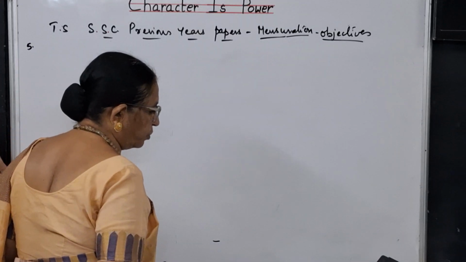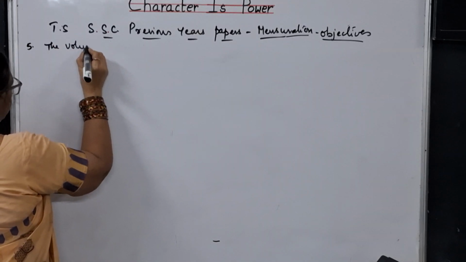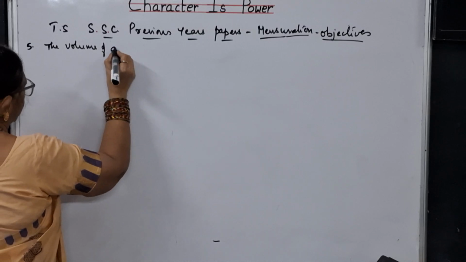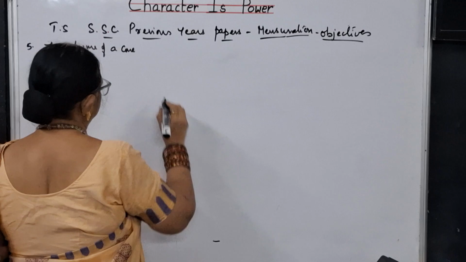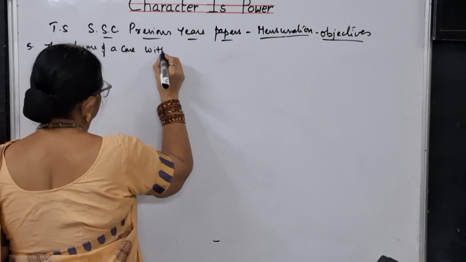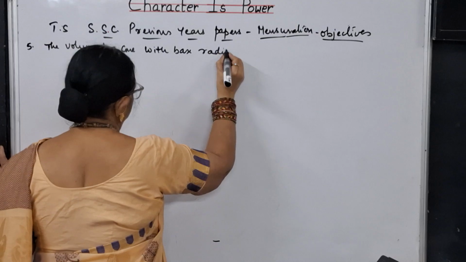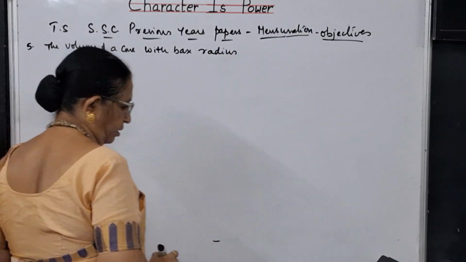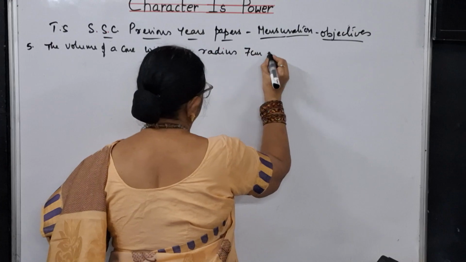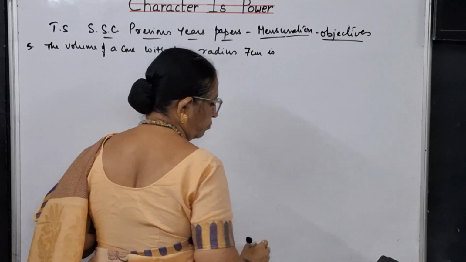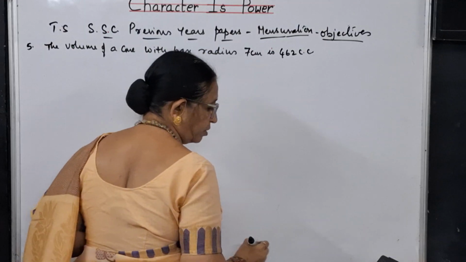The volume of a cone, fifth one. The volume of a cone with base radius 7 centimeters is 462 cubic centimeters.